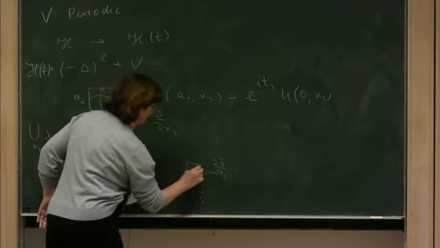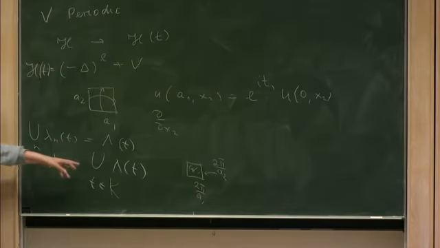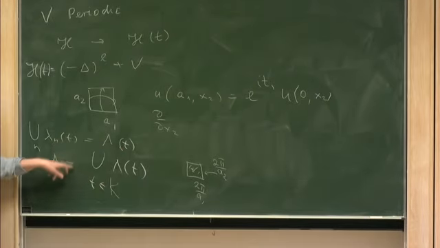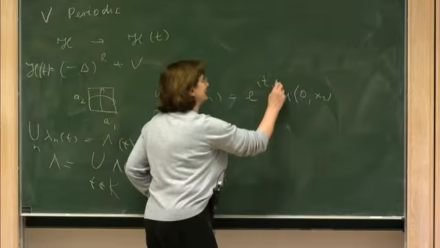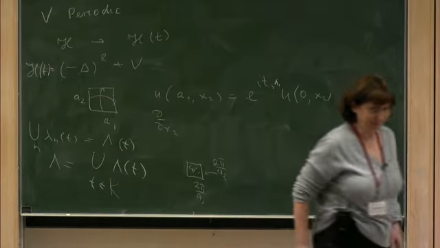So t is running here. Because this is discrete, this gives us a band structure of the spectrum. Okay, you're right. In this case, it should be a1.